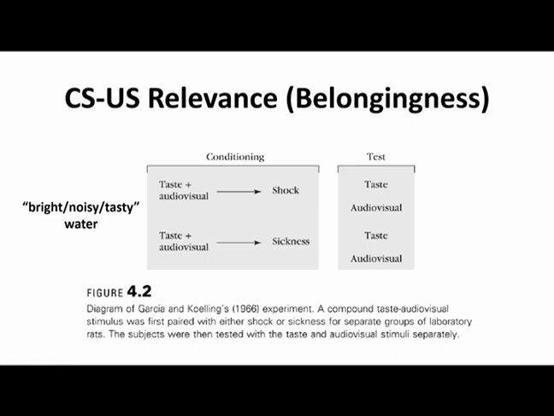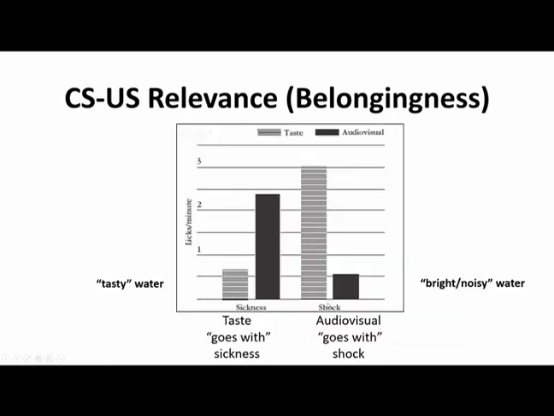And then we test: do we see that reduction in licking due to taste, or is it due to audio-visual stimuli? If we look at our next slide here, we see that it depends on what their unconditioned stimulus was.